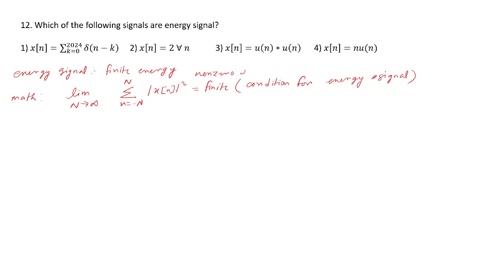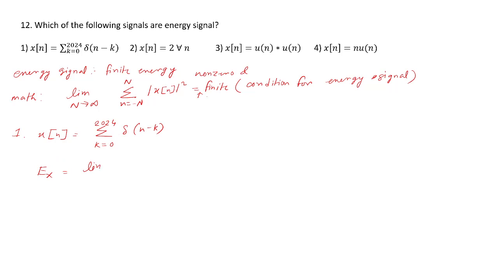non-zero and finite. So for the first signal, x[n] is equal to the summation of k from 0 up to 2024 of Dirac deltas at these positions. Let us check the energy of the function.